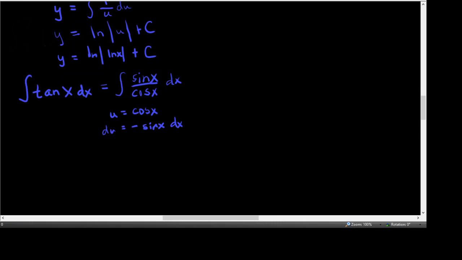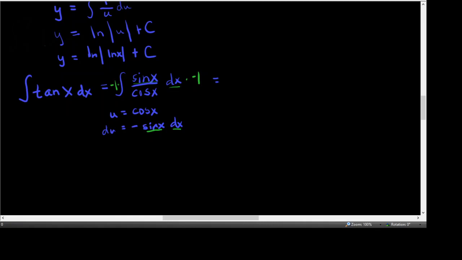So what we have there is everything but the negative sign. I have the sine of x. I have the dx. All I need is the negative 1. So I'm going to multiply inside by negative 1 and outside by negative 1. Negative 1 times negative 1 is, of course, just 1. So I haven't changed the value of that integral.